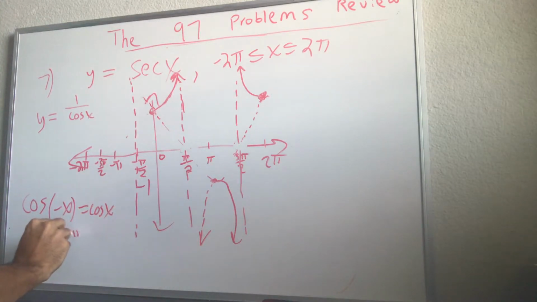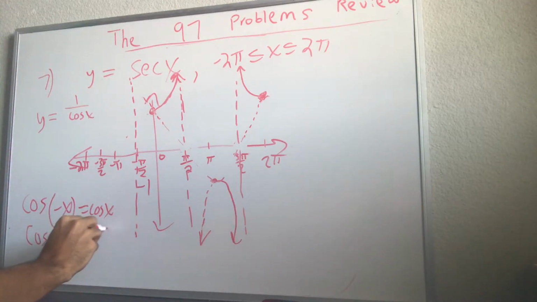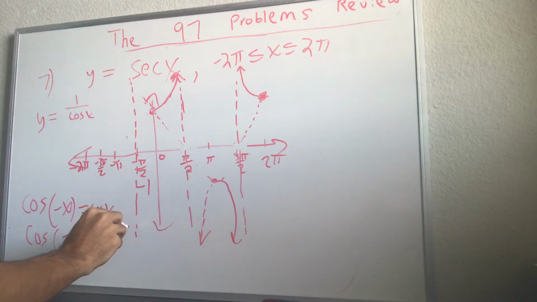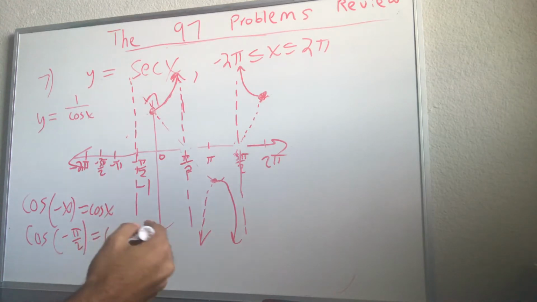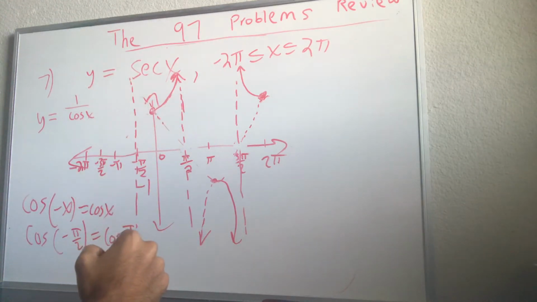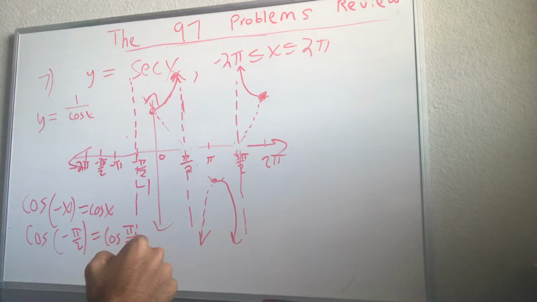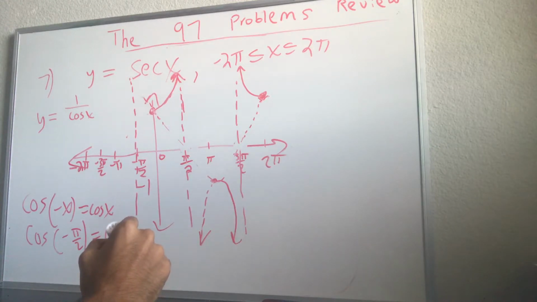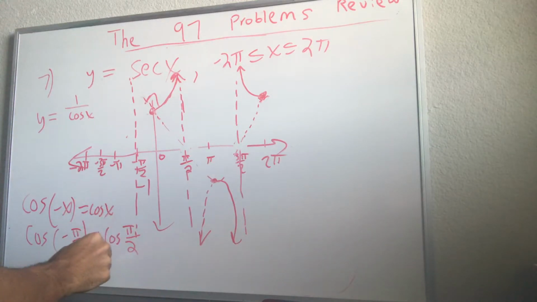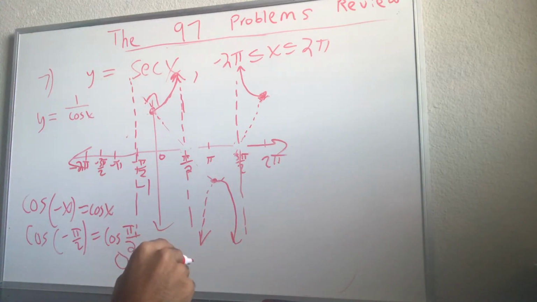You know that because the first and the fourth quadrants are where it gives you the same value. So cosine of pi over 2 is 0, and cosine of negative pi over 2 is also 0.